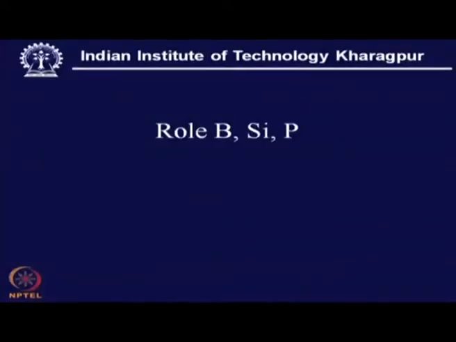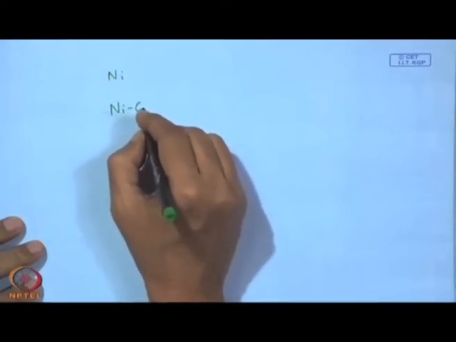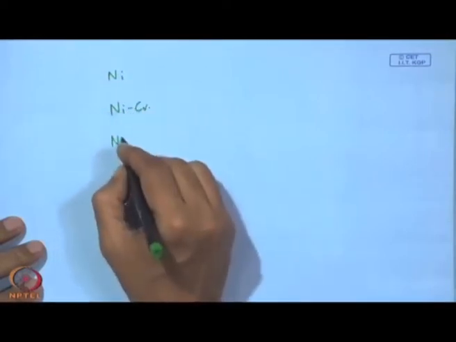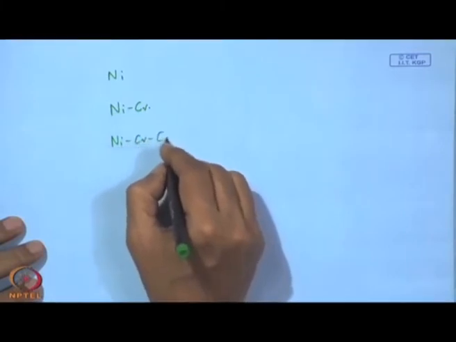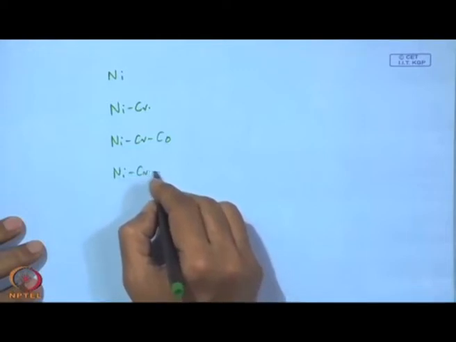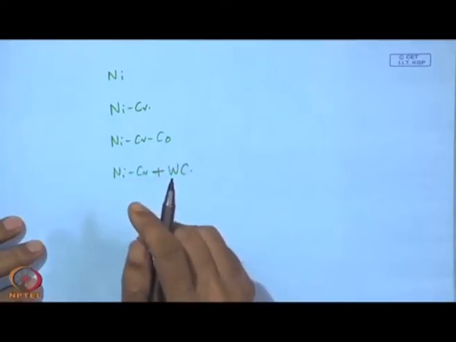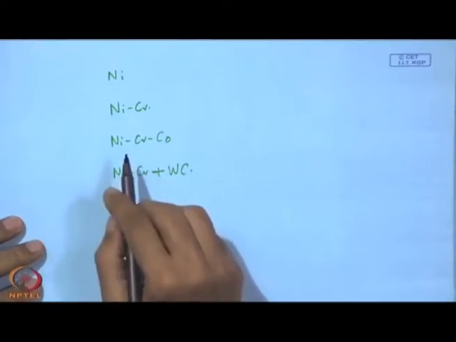Now comes the role of boron, silicon and phosphorus, which we are looking at. In principle, this nickel alloy, or nickel chromium, or nickel chromium with a little bit of cobalt, or even nickel chromium plus tungsten carbide, these materials are not just present alone.